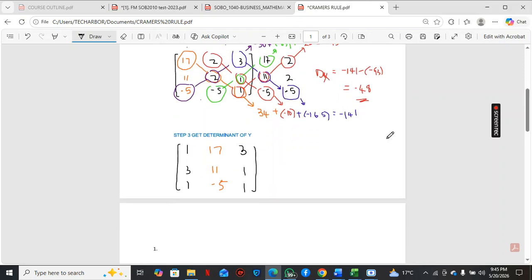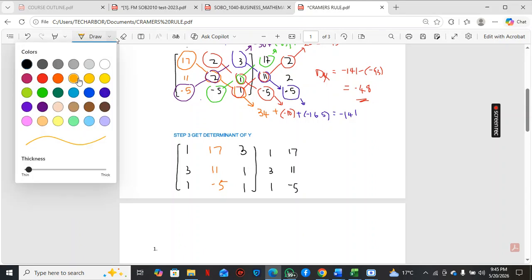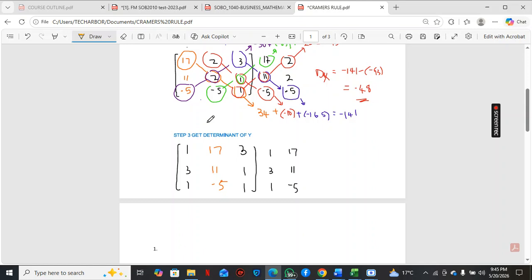And then as always, the first two columns come out. So here, this 1, 3, 1, and this 17, 11, negative 5. Then we start the diagonals. You say 1 times 11, that is 11. 11 times 1, that will give us 11.